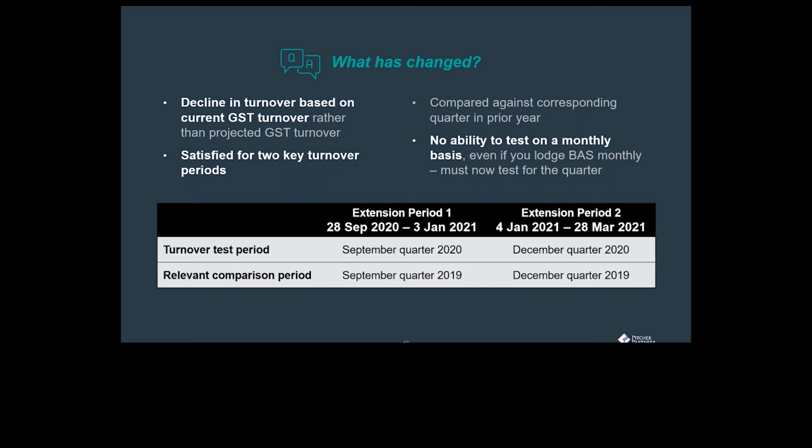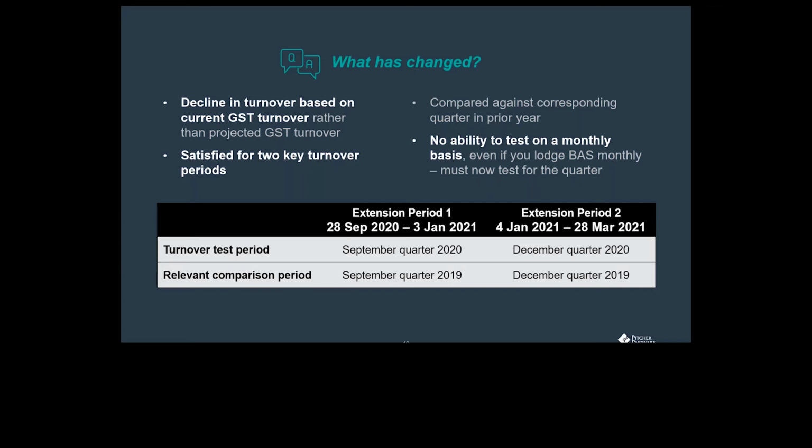So you may recall with JobKeeper 1.0 that back in March, April, etc., as you were determining whether the relevant employer entity would be eligible for JobKeeper 1.0, you would have been looking at your turnover potentially on a projected basis for the months of March, April, May, etc., or the quarter ended 30 June.